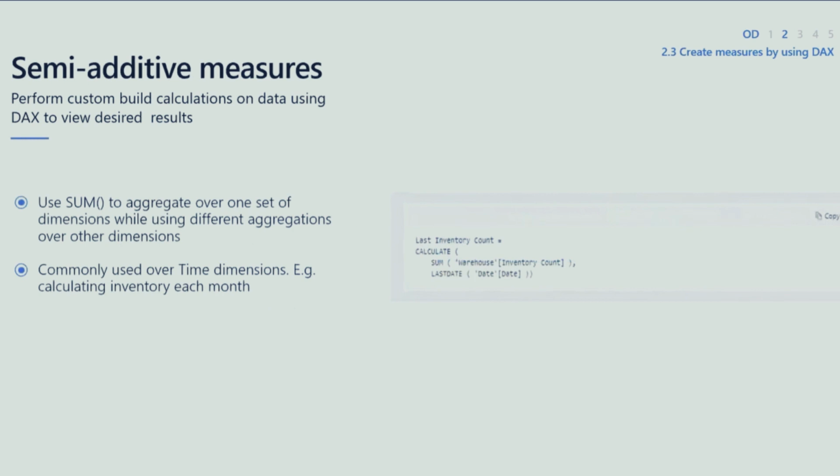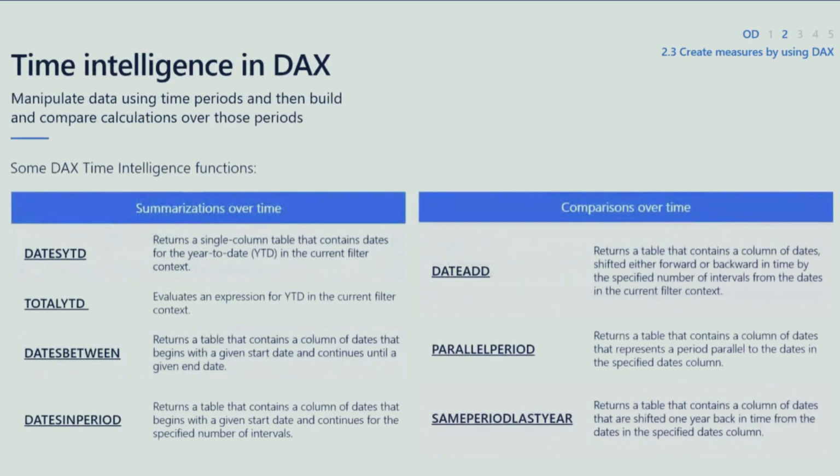And they are quite useful in a lot of business scenarios, but wherever there is a time-based analysis going on, semi-additive measures are quite useful. So there are quite many functions which are available on a similar stride, and you could actually use a combination of these functions to really produce semi-additive measures for your own business cases.